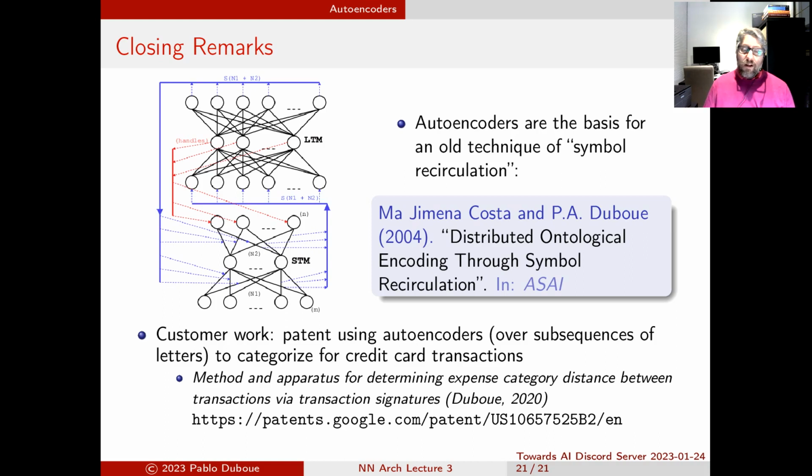The most interesting thing is how this old paper defines the encoding for a node, which is something I haven't seen in other work, because it's kind of like a meta aspect. The way they define the encoding for a node is to take all the weights of these small STM networks and feed them through an autoencoder.